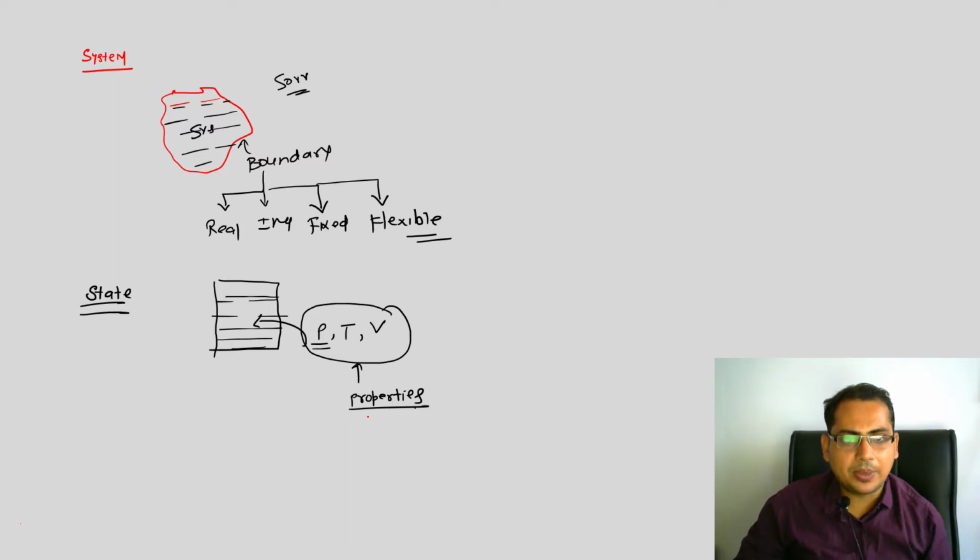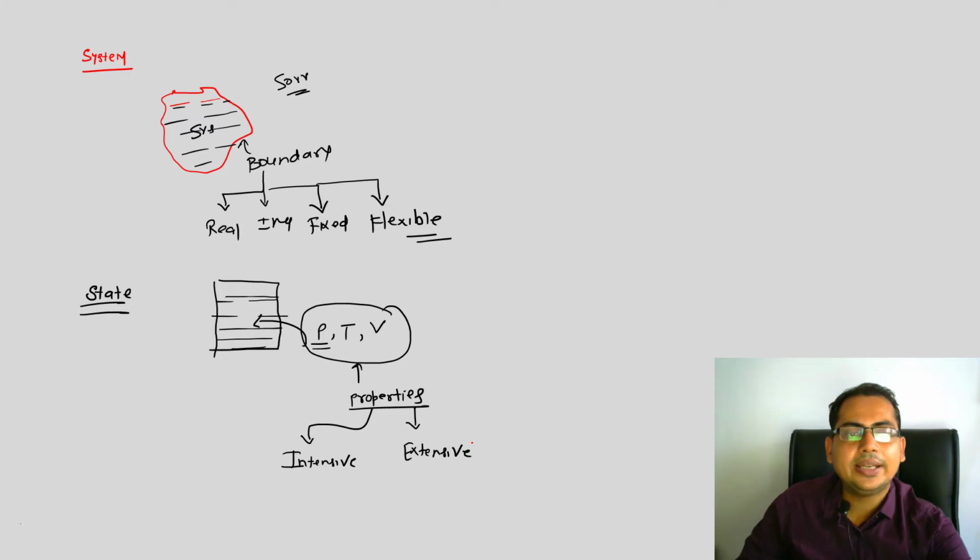Coming back to the properties. Properties are also divided into two parts. The first one is the intensive property, and the second one is the extensive property. What is an intensive property?